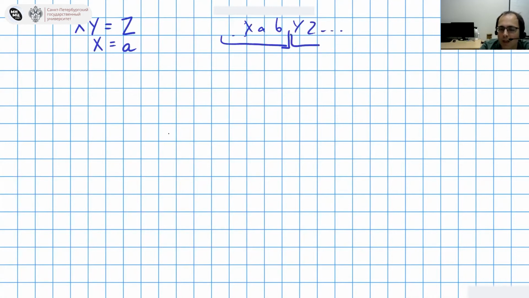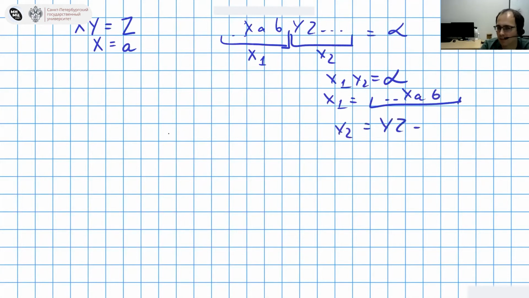We introduce a new variable, say x1 for the first part, x2 for the second part, and we replace it with x1 x2 equals alpha, and we write a separate equation x1 equals this something x a b, x2 equals y z something, and we continue with this process.